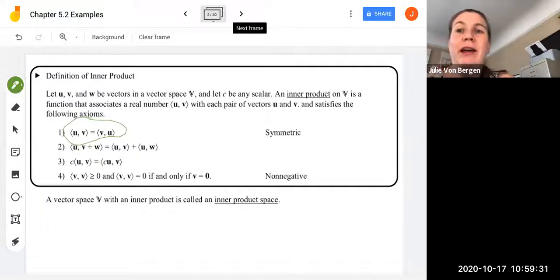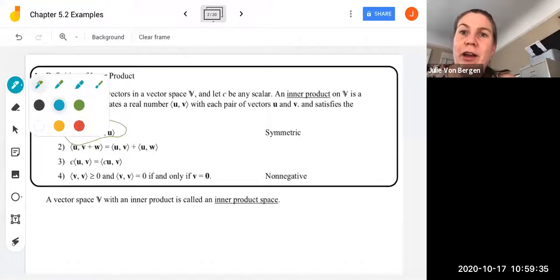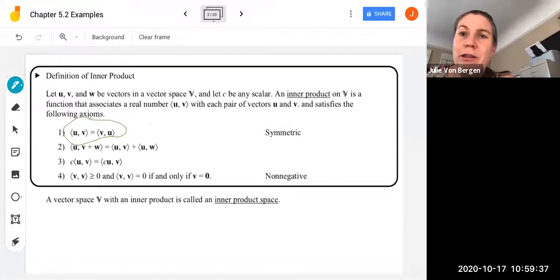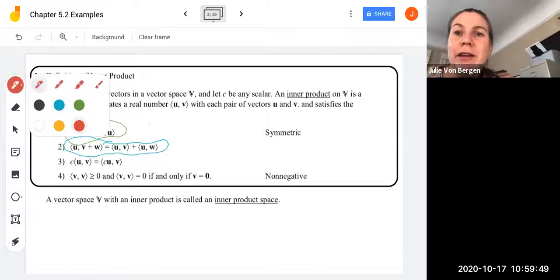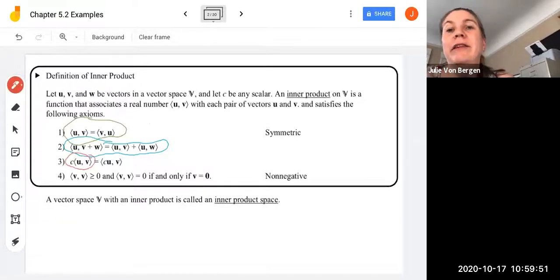Then we have the distribution property here. So property 2. If you've got U inner producted with the sum V plus W, then that's the same as U inner producted with V plus U inner producted with W. And then we have scalar multiplication here. So if you've got a scalar C multiplied by the inner product UV, that's the same as the scalar C multiplied by U and then V in the inner product.